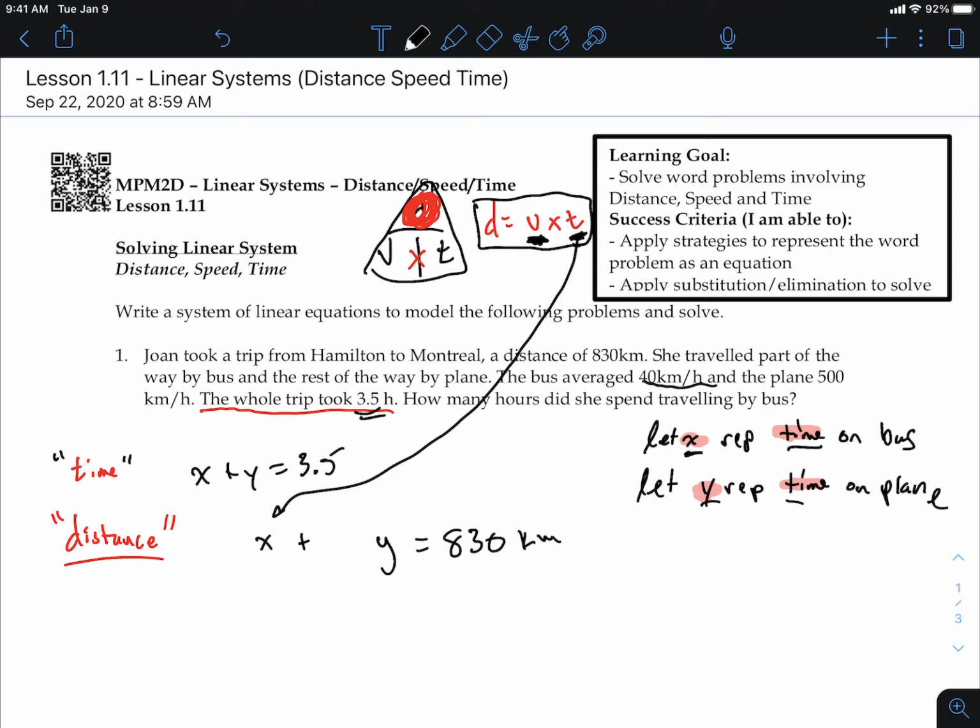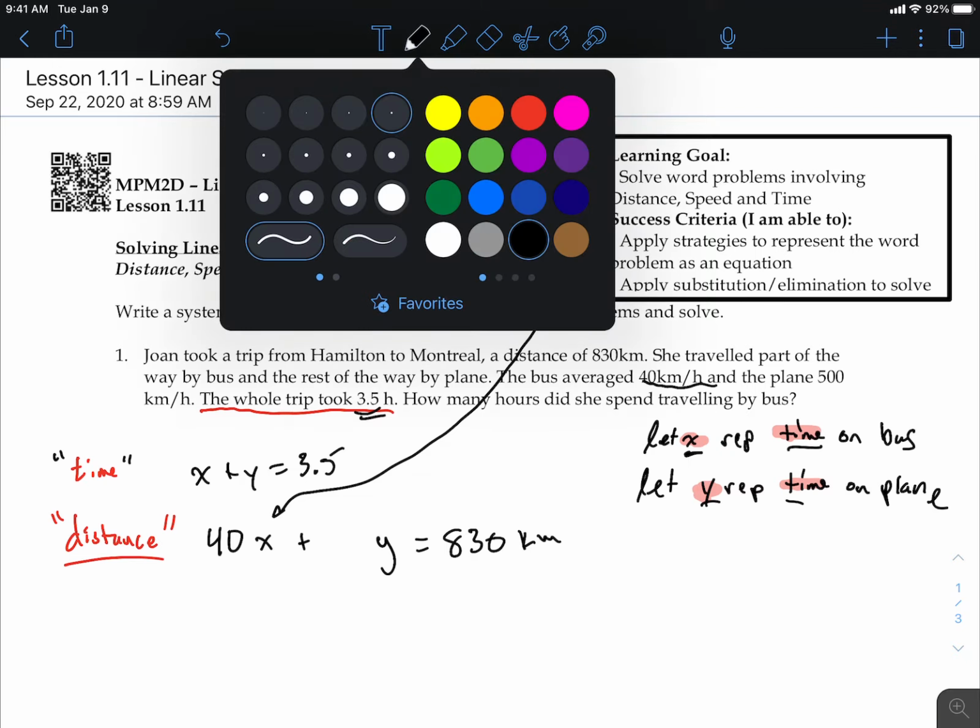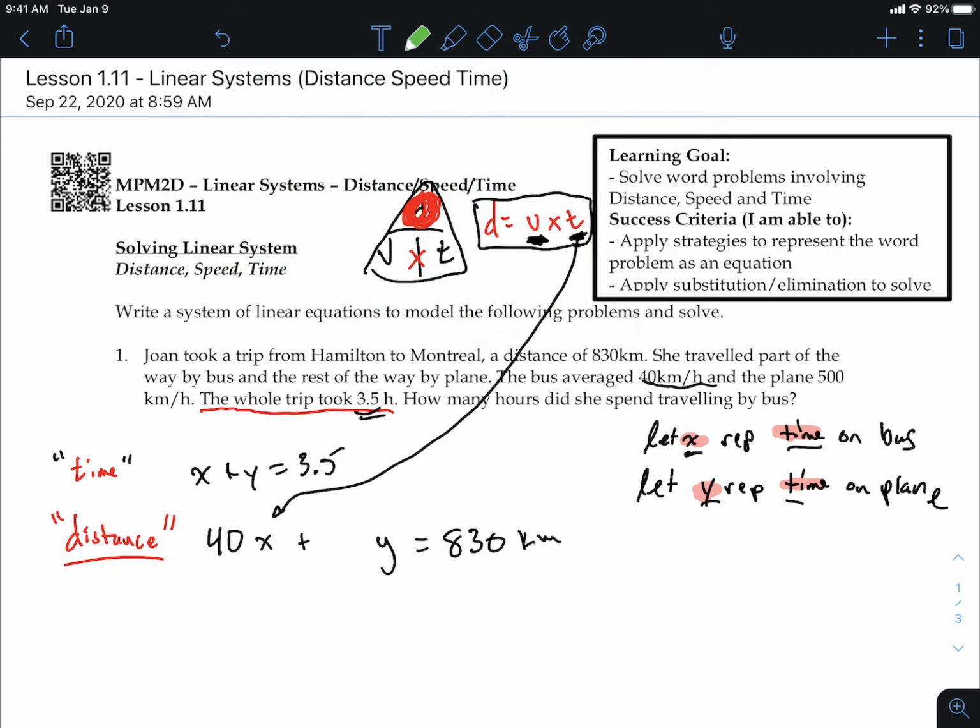So all I have to do is do 40 times that, because this is the speed, velocity, and the time. Together, when you multiply them together, you get distance. You get distance by the bus, right?